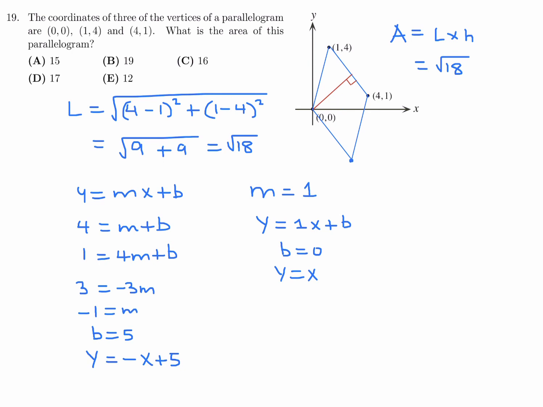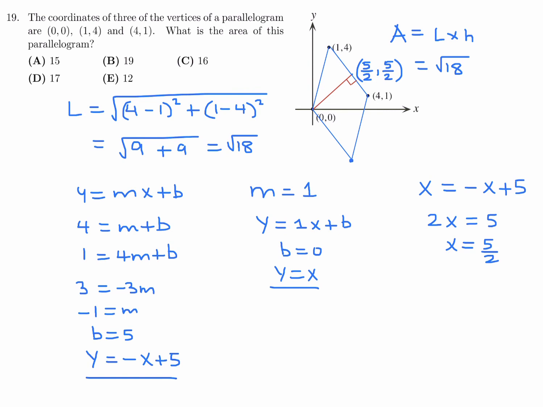So my very important point right there I can figure out by equating these two, point of intersection: y is equal to x, y is equal to minus x plus 5, so set them equal to each other. And you get x is equal to minus x plus 5, bring the x over, and you get x is equal to 5 over 2. So this point right here is 5 over 2, 5 over 2, right? Because x is equal to y.